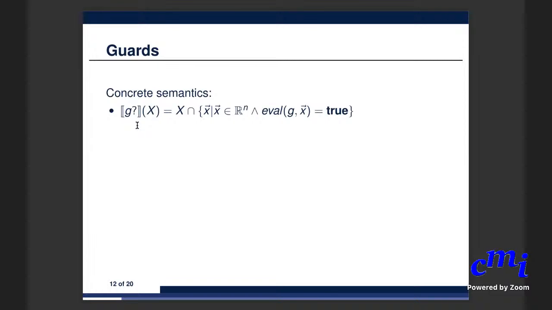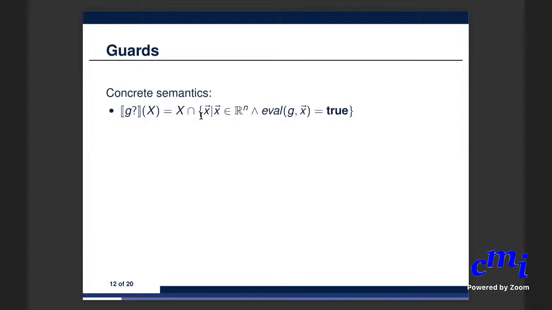So what do you do for a Boolean expression, which can be a guard in a conditional statement? What you want is, when applied to X, for it to return exactly that subset of X for which the Boolean expression is true.